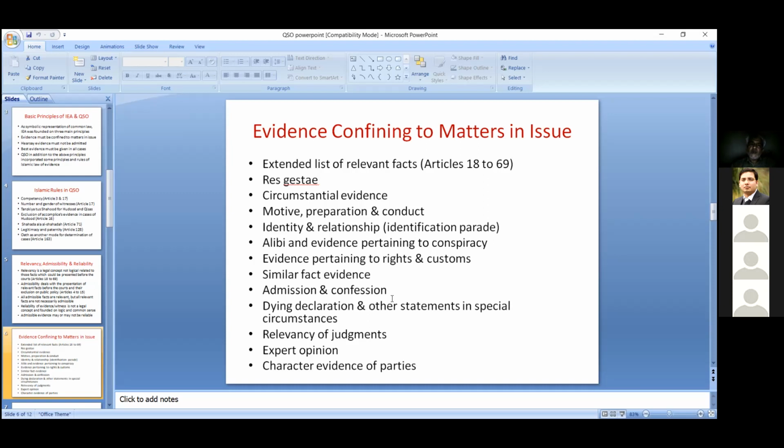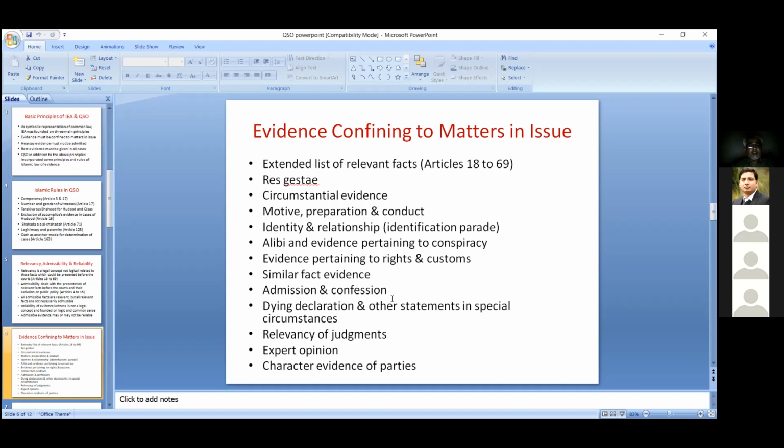Generally, we presume that those who are nearing their death speak the truth. Why do we tell a lie? Just because of fear or greed. So those who are going to meet their Lord are generally not going to tell a lie. This is the assumption on the basis of which dying declaration is given immense importance in courts, and on the basis of this very evidence, even without corroboration or independent substantiating evidence, convictions are recorded.